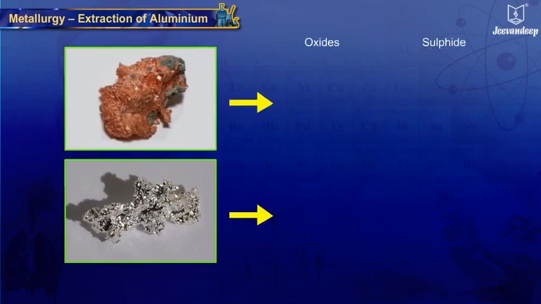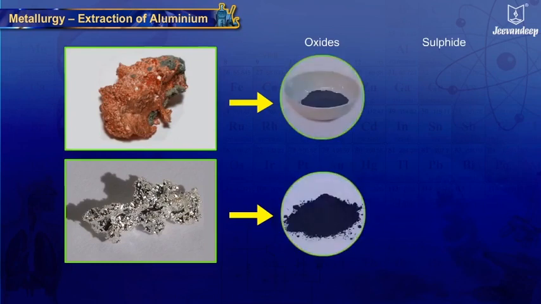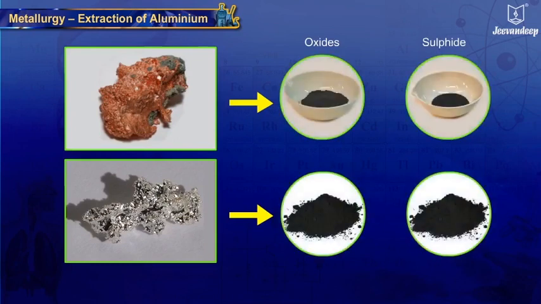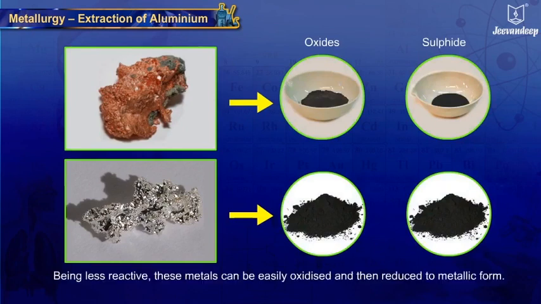Copper and silver are also found in combined state as oxide or sulfide ores. Being less reactive, these metals can be easily oxidized and then reduced to metallic form.